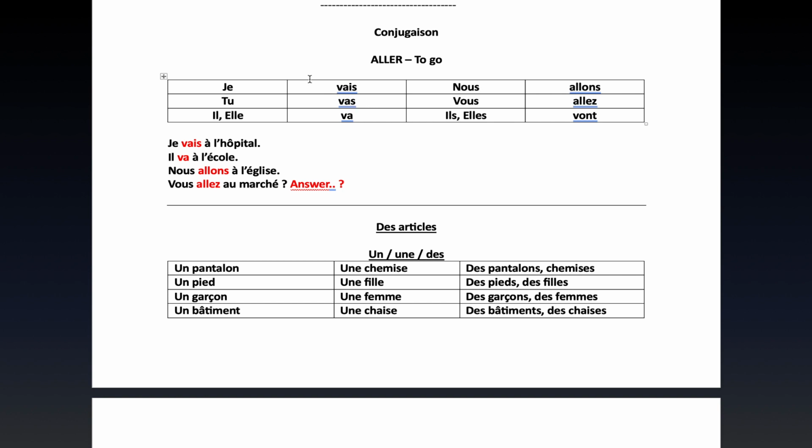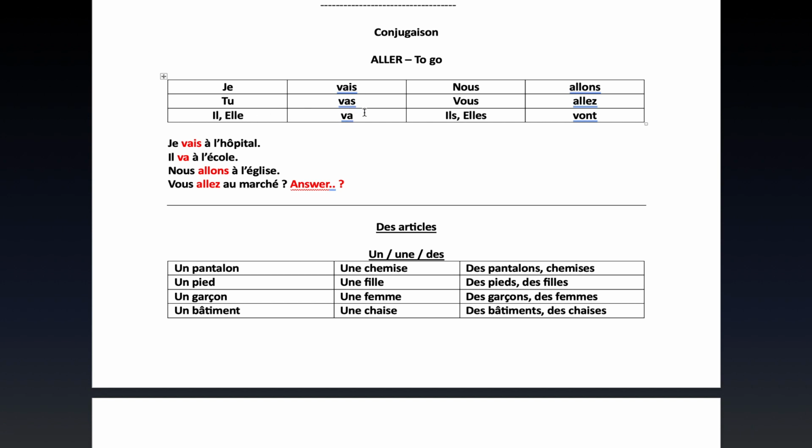And so for je, it becomes vais. Aller becomes vais. So you don't say je allais, you say je vais. I go. Or I am going. Tu vas. You are going, or you go. Il va. He is going, or he goes.